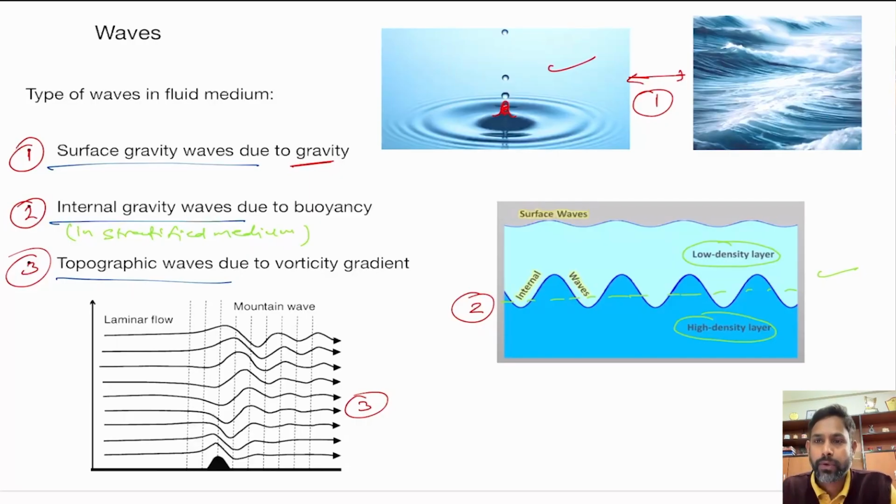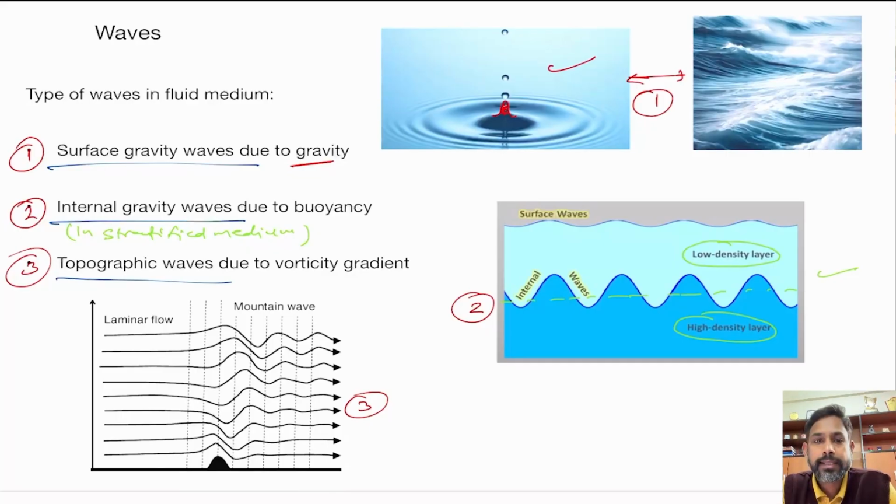We just have a water layer, and above is air, which is of no significance. Whereas internal gravity waves particularly form when there is a stratified layer, and whenever this stratification gets disturbed, it creates waves inside the fluid layer, and that wave propagates again horizontally sideward in the form of oscillatory motion.